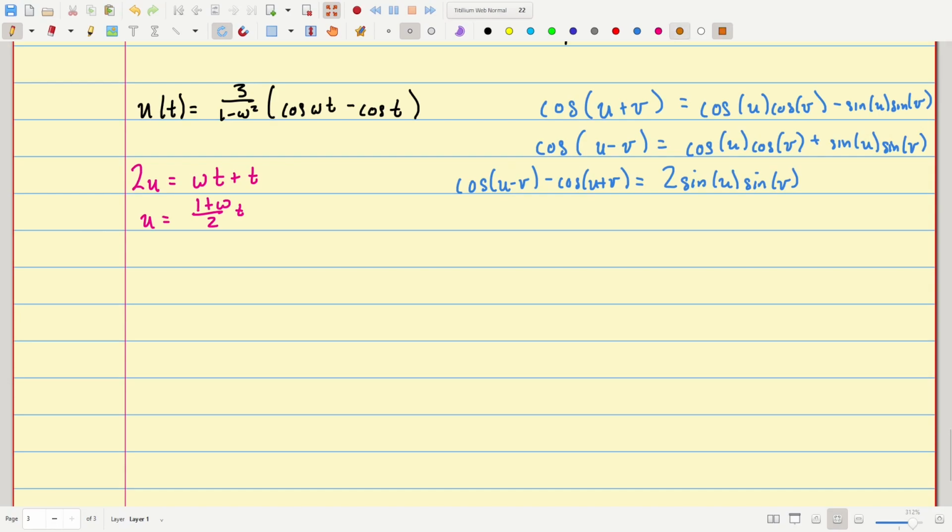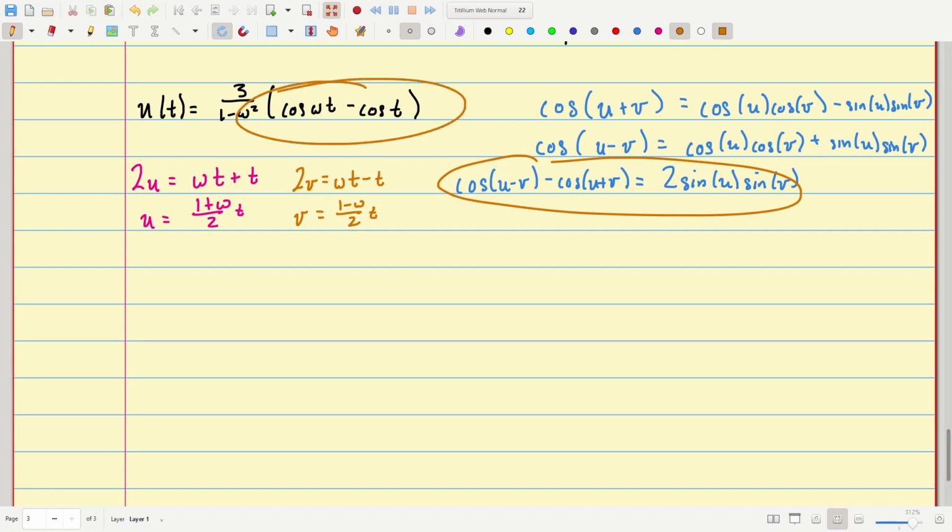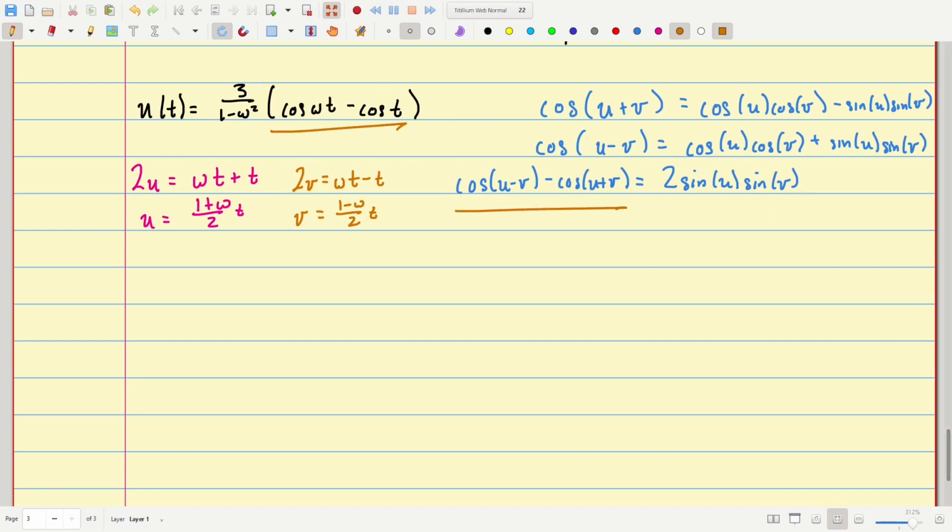We can similarly have 2v equals omega t minus t, and then v is going to be equal to (1 minus omega) over 2 times t. This satisfies the requirements of this equation for these things. Okay, so it turns this into this expression.